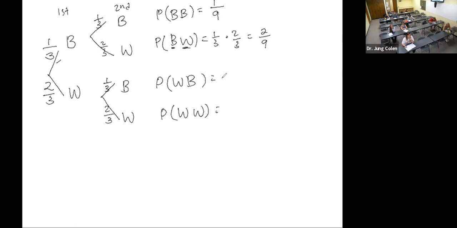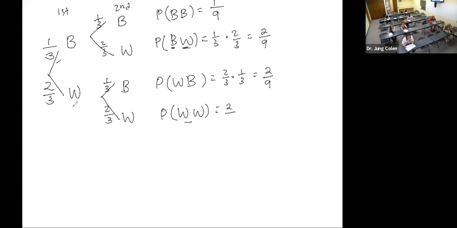Probability of white and black. It would be 2/9 as well, because we have 2/3 for white, right? 2/3 times 1/3. It is 2/9. Okay? Elisa? Why? 4/9.